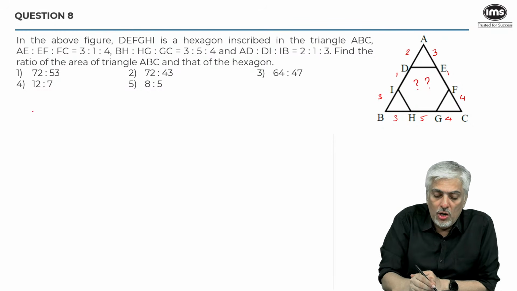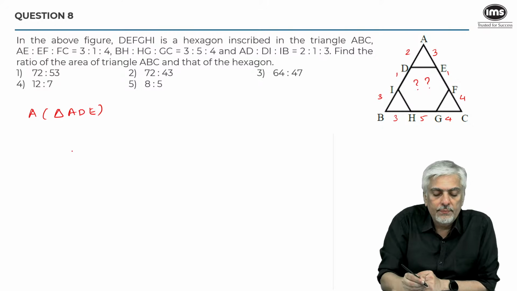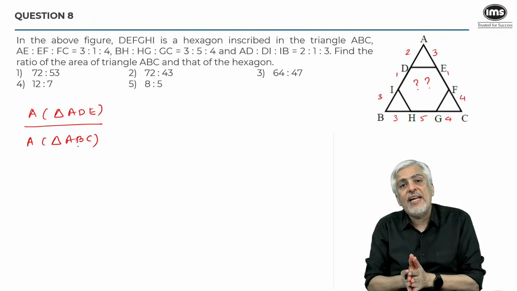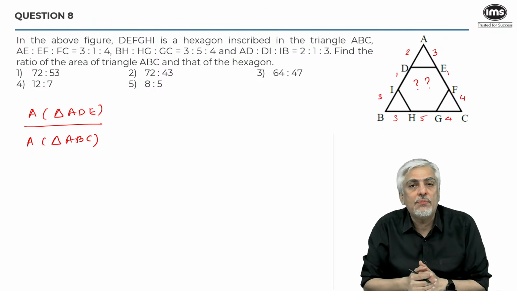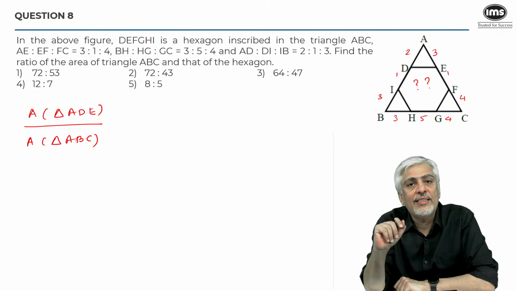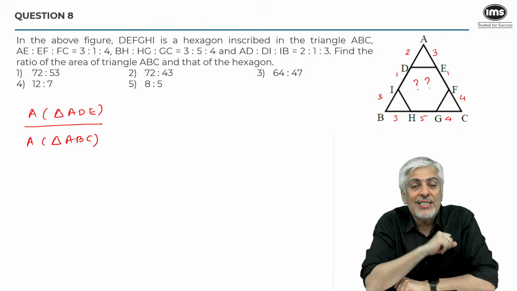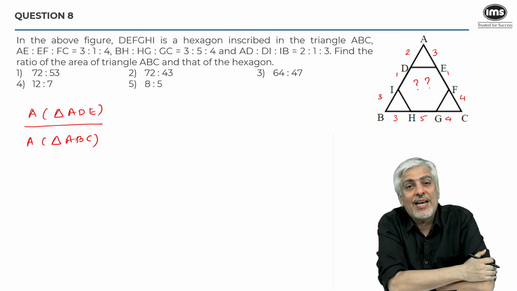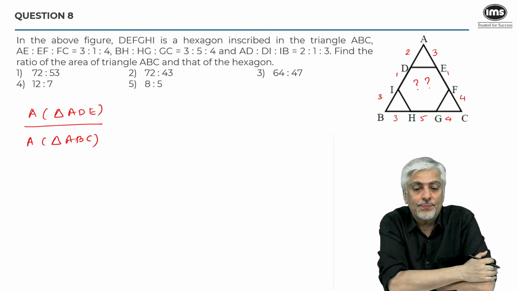So, area of triangle ADE upon area of triangle ABC. Now, if I look at ADE and ABC, they both have one common angle, angle A. And we know that the area of triangle ka one more formula. Area of triangle has 5 or 6 formulas. Out of that, one more formula is half AB sine theta.